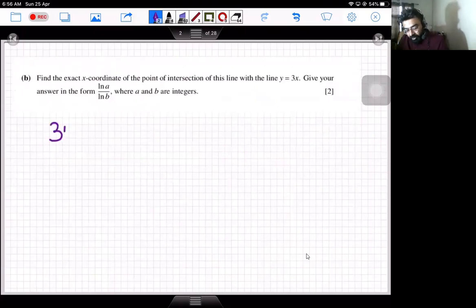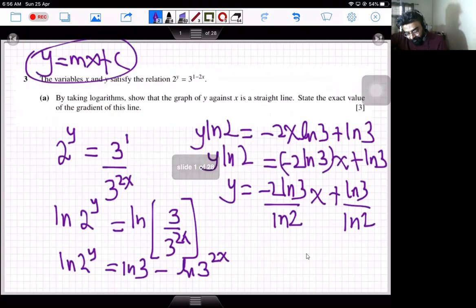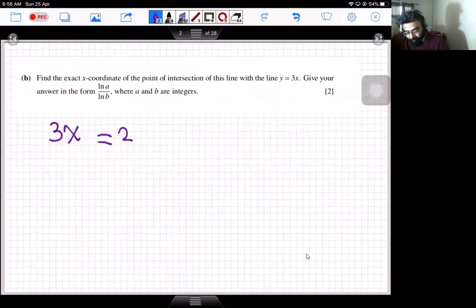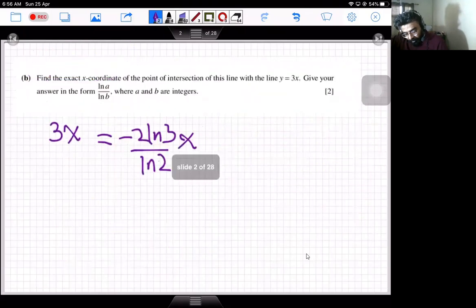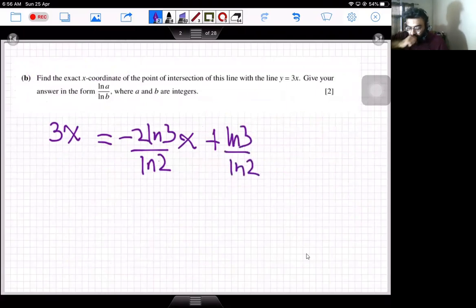So we can say that 3x is equal to minus 2 times ln3 over ln2, this whole thing multiplied by x, plus ln3 over ln2.